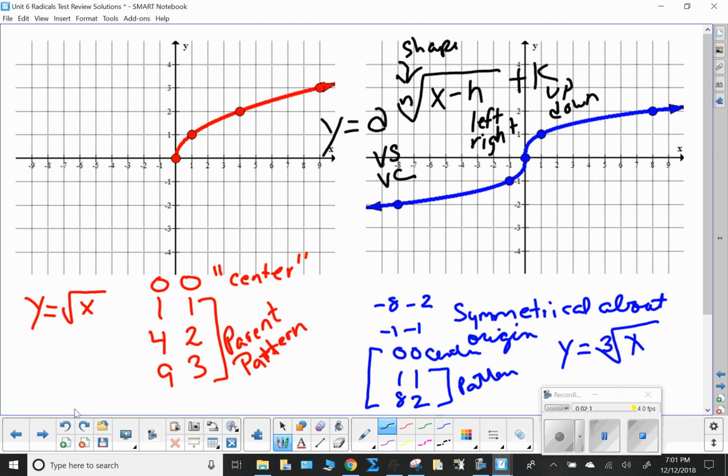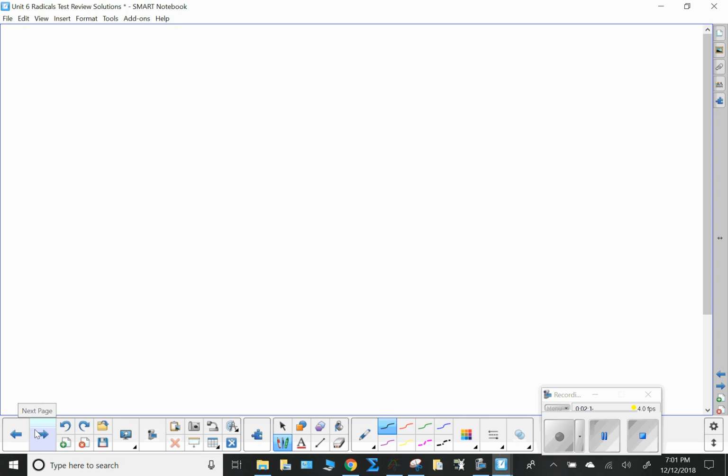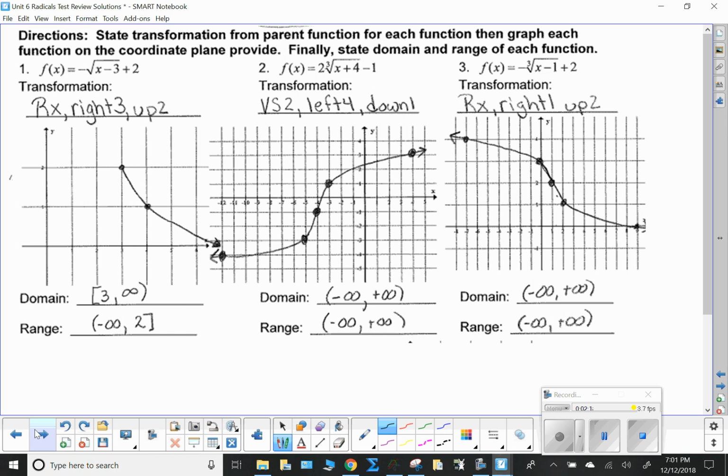So, if we look over here to the next page, this first one, the negative out front reflects it over the x-axis. The 3 tells us that we're going to go right 3, and the 2 on the outside is up 2. We also have to notice that this is a square root, so that means we start someplace and we go in one direction. Here's my starting point.